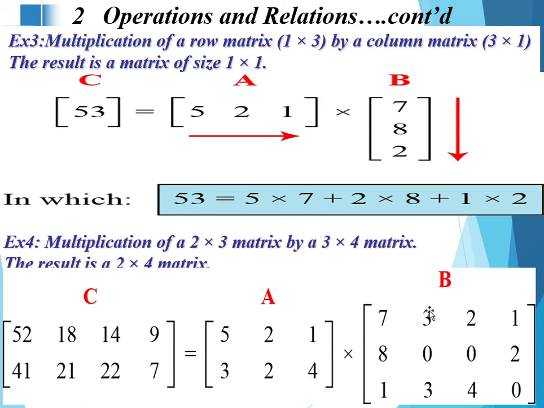Second row, second column, result 21. Then we multiply second row, third column, result is 22. And then the second row, fourth column, the result is 7. It generates the matrix having 2 into 4.